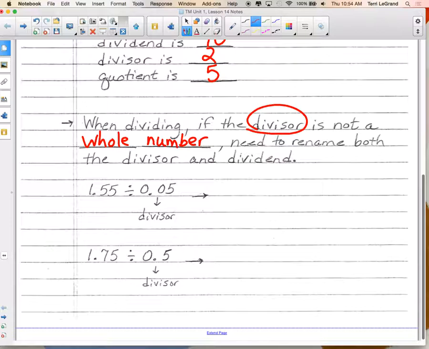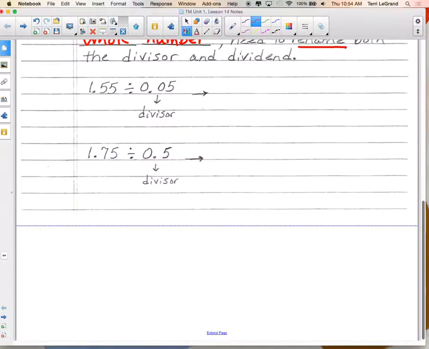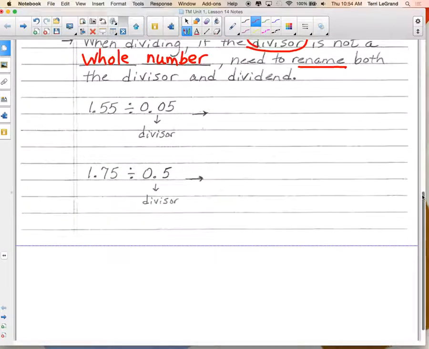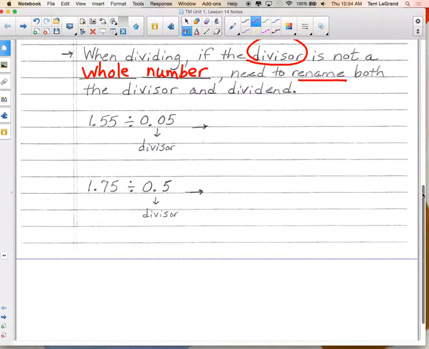But if it's not a whole number, we need to rename both the divisor, and because you rename the divisor, you end up having to also rename the dividend. You can't just rename one of them because they're together in a problem, okay? So I have here 1.55 divided by 0.05. Is the divisor a whole number?